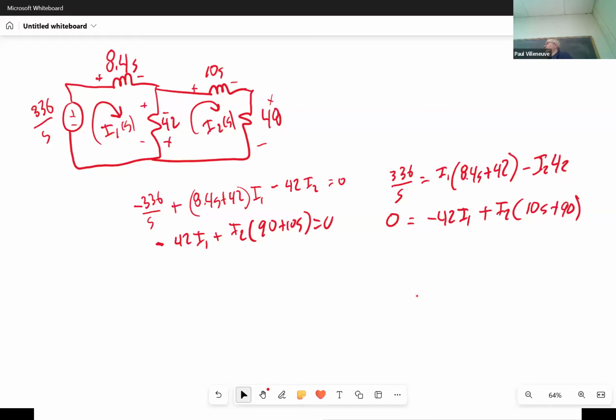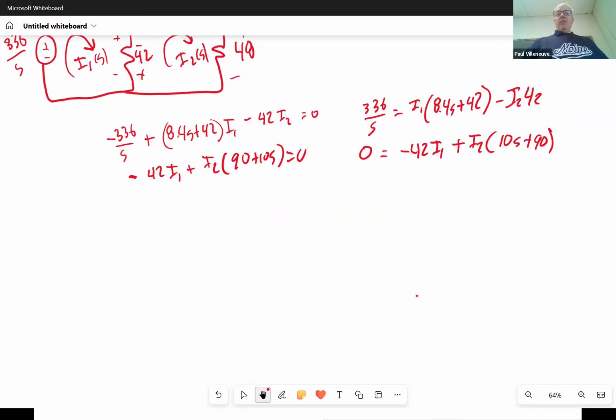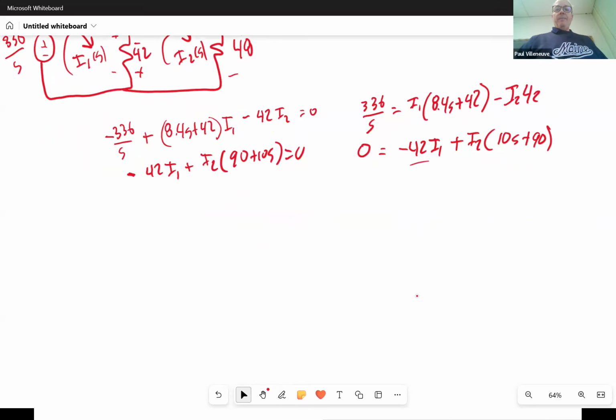Two equations, two unknowns. Let's go ahead and substitute. So let's solve this equation for I1. So I1 is going to be equal to I2 times 10S plus 90 divided by 42. And then we're going to stuff that into that equation.